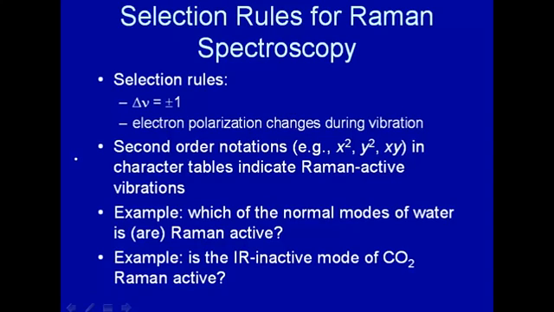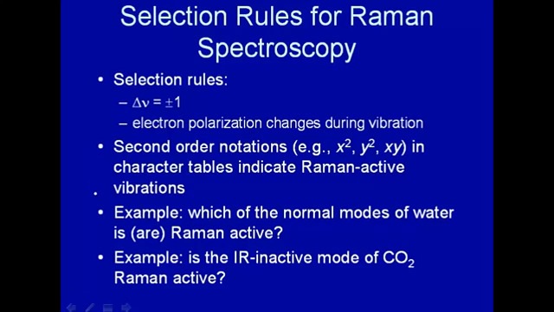Now for infrared absorption spectroscopy, we looked at the irreducible representation corresponding to a particular vibration, and then we looked in the character table and saw whether one of the Cartesian coordinates had the same irreducible representation as that for a normal mode. And if it did, then we said that vibration, the normal mode corresponding to that, was IR active.